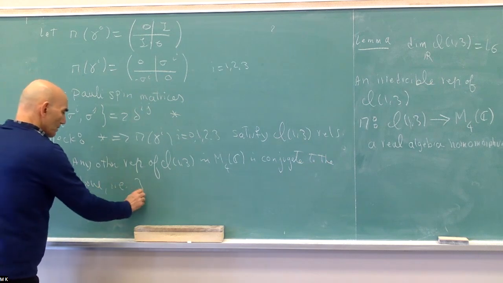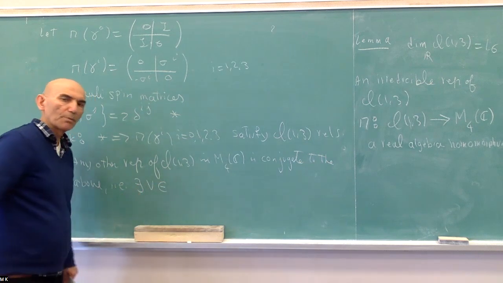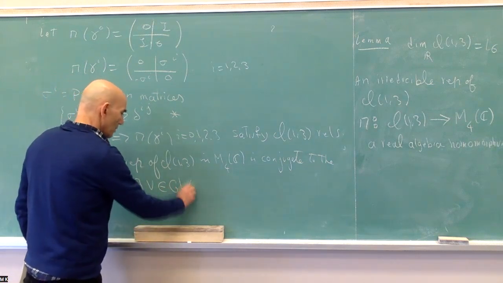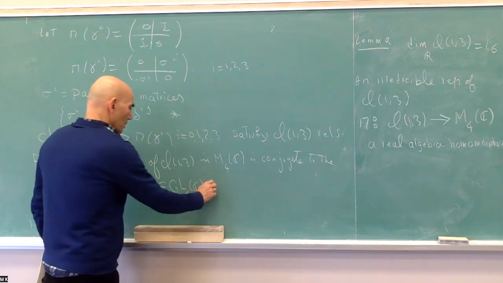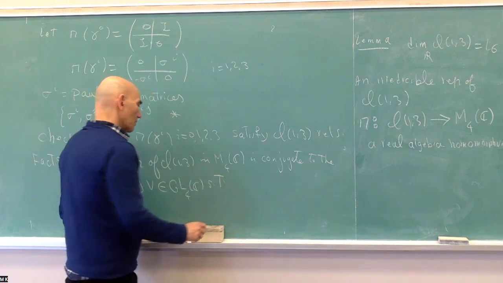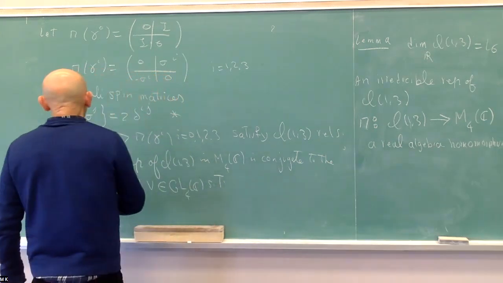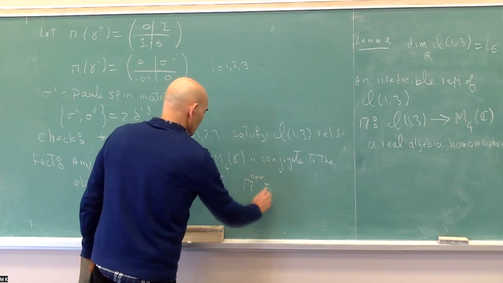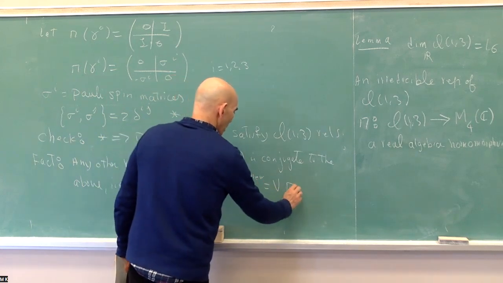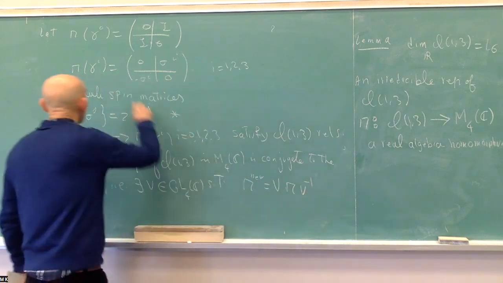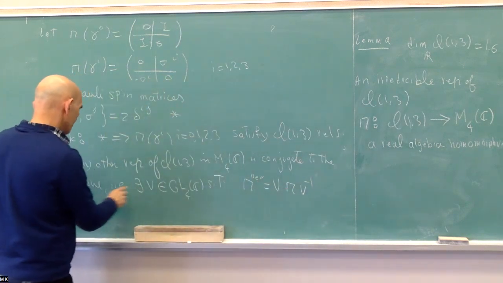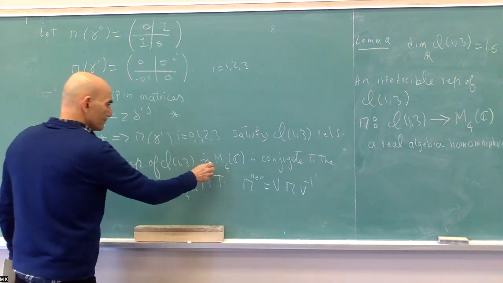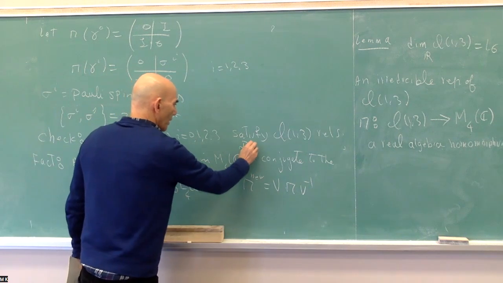Above, i.e., there exists V belonging to some invertible 4x4 matrices such that any other representation pi nu is equal to V pi V inverse.